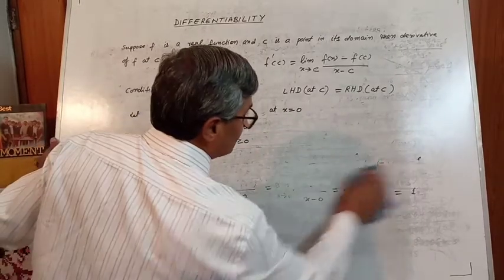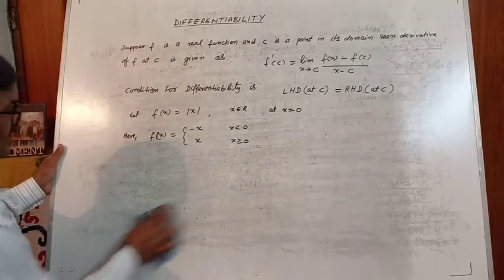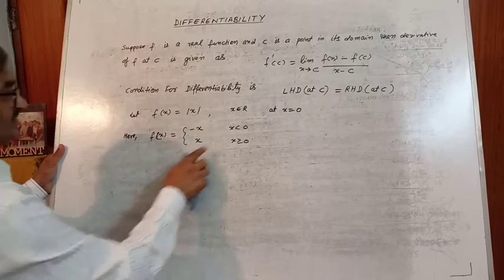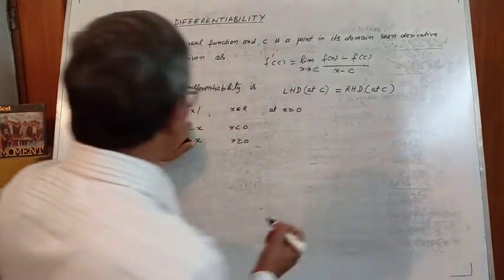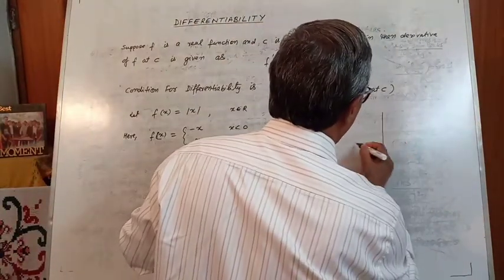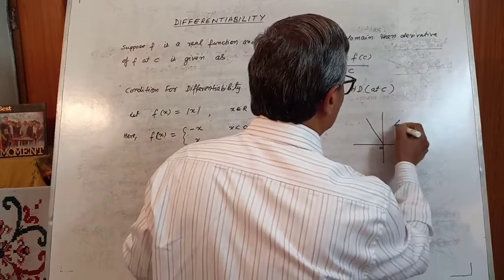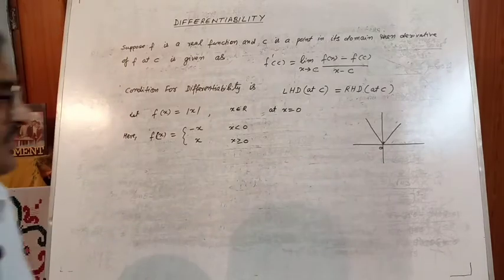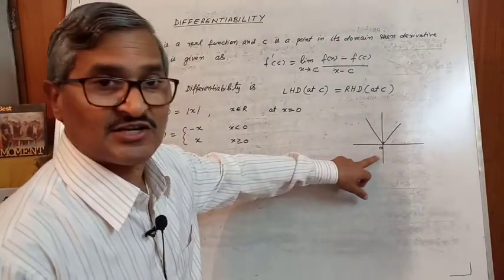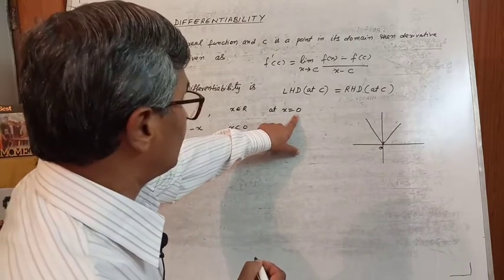This is the elaboration of the way we take the derivative of the function. There is a shortcut for this type of function: if you draw the graph of this function, we get it like this. This is the graph of modulus x. In this graph, you find that there is a corner at 0, and we have to check the differentiability at 0.